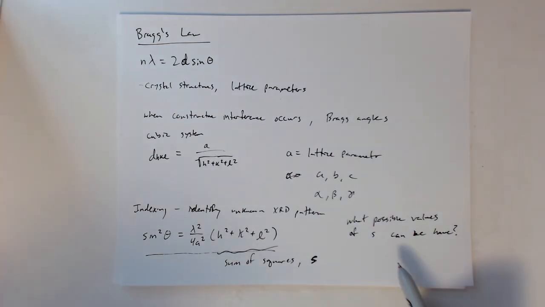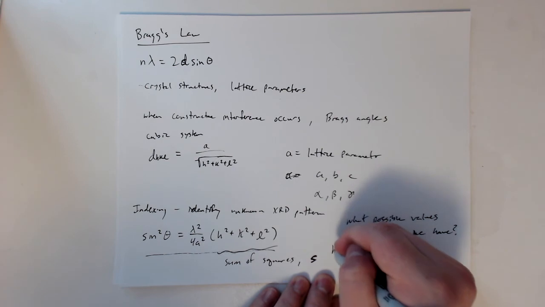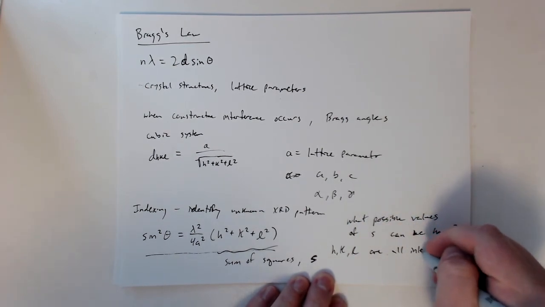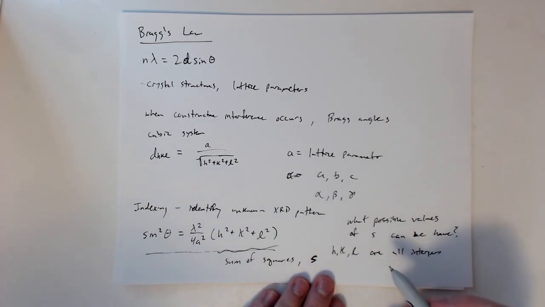All right, so we're looking at possible values for the sum of squares term S. We know that h, k, and l are all integers, right? This is how we write out our Miller indices.